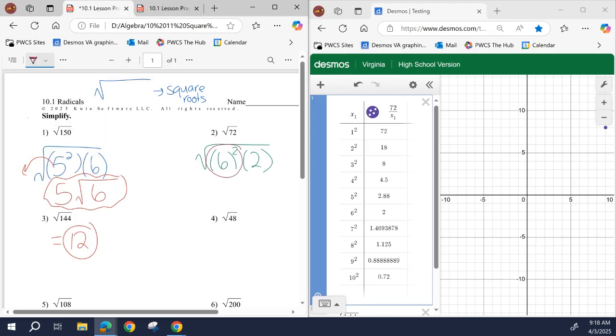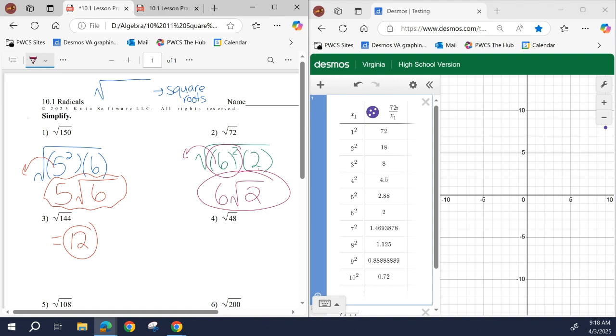And so this can come outside of the square root symbol. The 2 has to stay under there. And when 6 squared comes outside of the square root symbol, it loses its squared. It loses its exponent. And so the square root of 72 simplifies to be 6 square root 2.